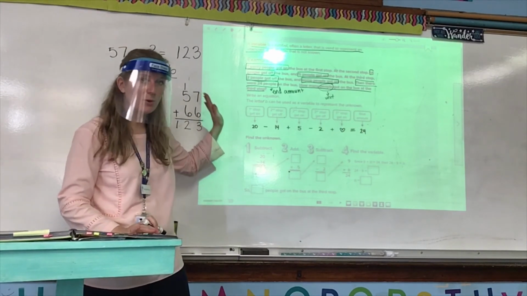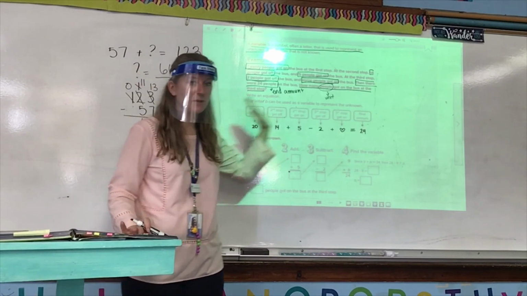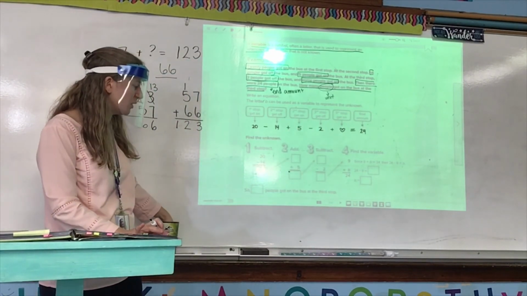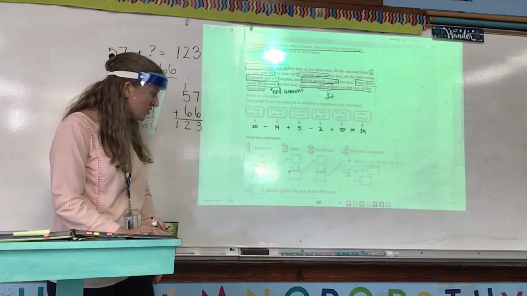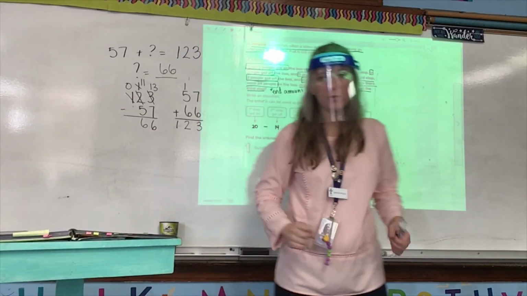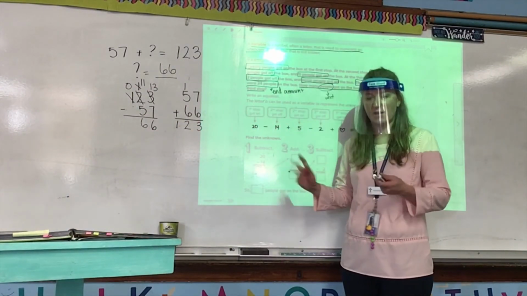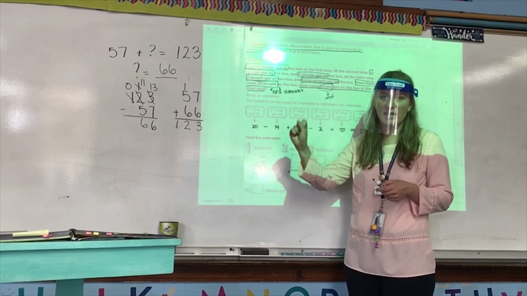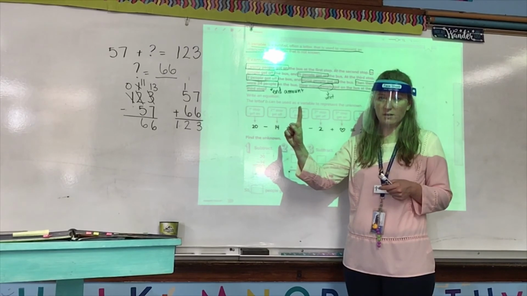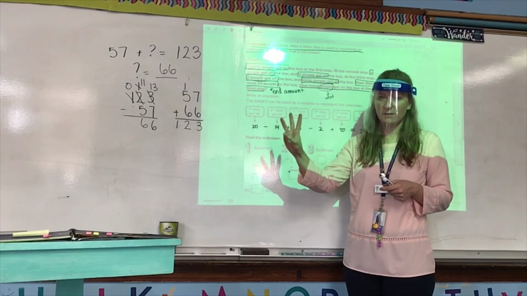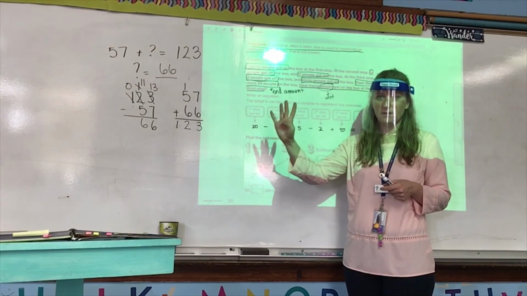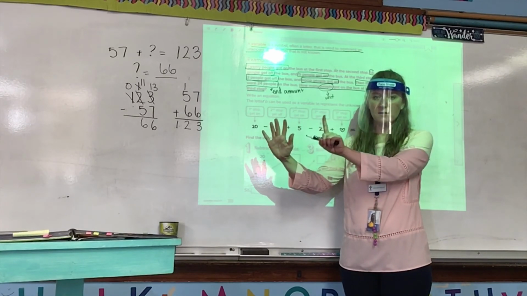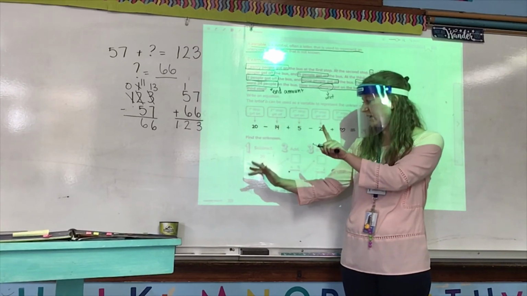Step 1, we solve it in order from left to right. So we start with 20 minus 14. Zari, what is 20 minus 14? You can just count backwards. We don't even have to regroup because we know it's going to be less than 10. So 20, 19, 18, 17, 16, 15, 14, 13. Are we going to keep going?